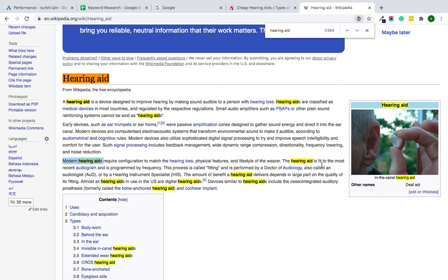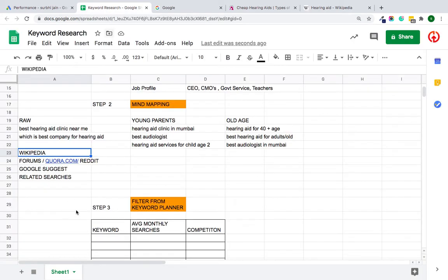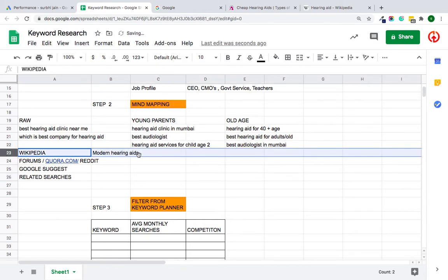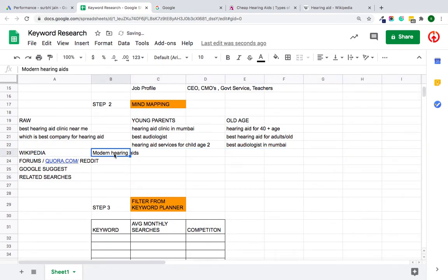If you see here, benefit of a hearing aid, all these keywords we can also put on our list. So I'm writing in Wikipedia, modern hearing aids. I'm just putting a comma and writing, and vice versa, I can put more columns and write best benefit of hearing aid.